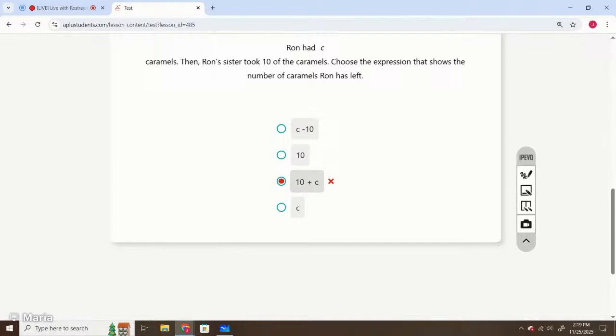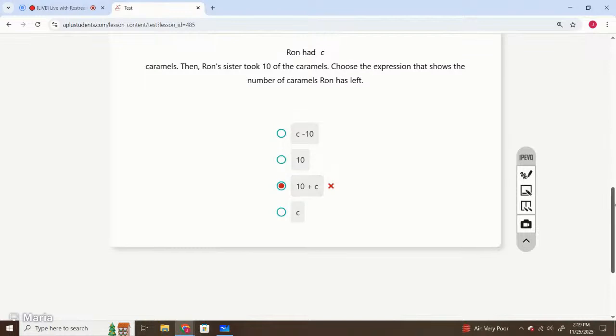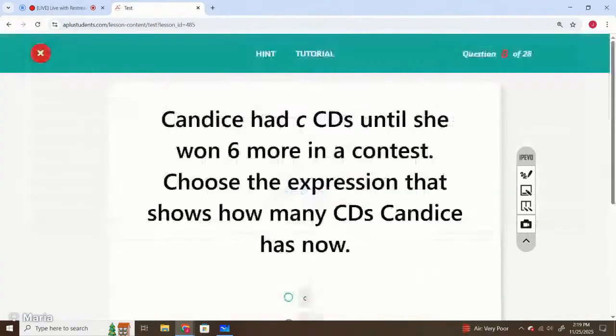That would be c minus 10. Option number 1 is the correct option. I selected the wrong one. Got it?